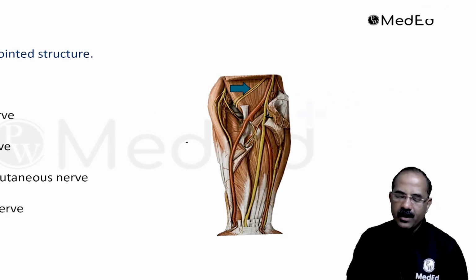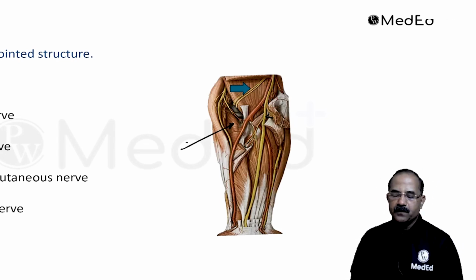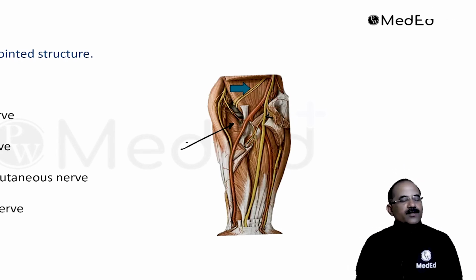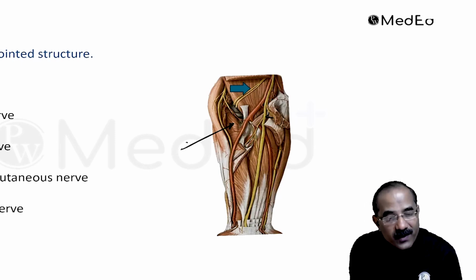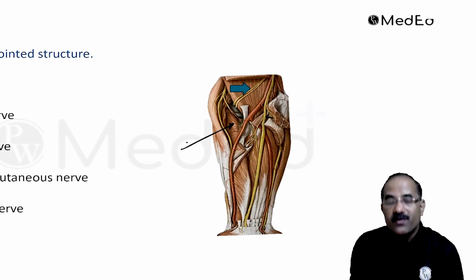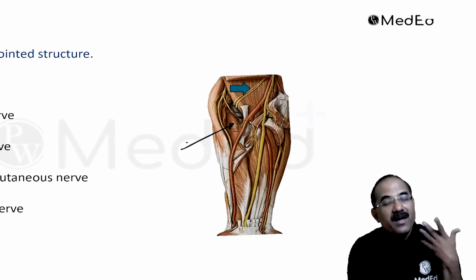Okay, now can anyone tell me who's this? ये कौन है? ये muscle कौन है? What is this muscle? Students, this is a muscle which lies in the floor of the cubital fossa. Answer that. In other words, what am I asking you?